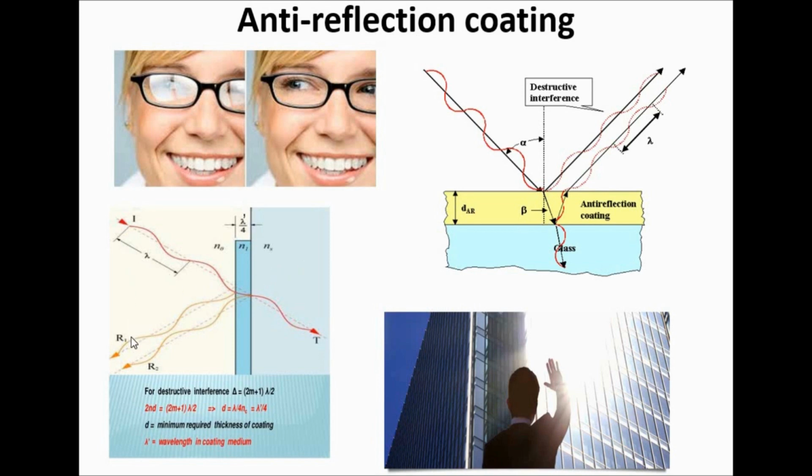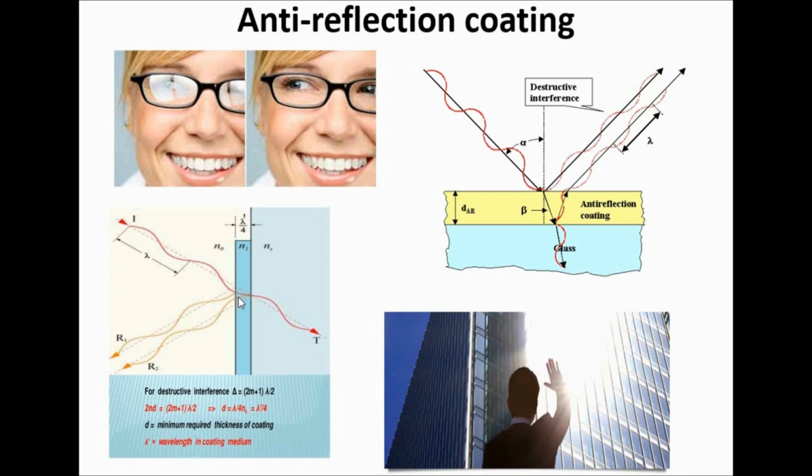You see the things explained here. One wave is going this way. One reflection will take place at that point and another reflection will take place at that point. So we need to make them 180 degrees out of phase. If you want to make them 180 degrees out of phase, that means you have to go half. So this wave and this wave: where it is released from here, it will go an extra quarter and a quarter, so that means 90 degrees and 90 degrees.